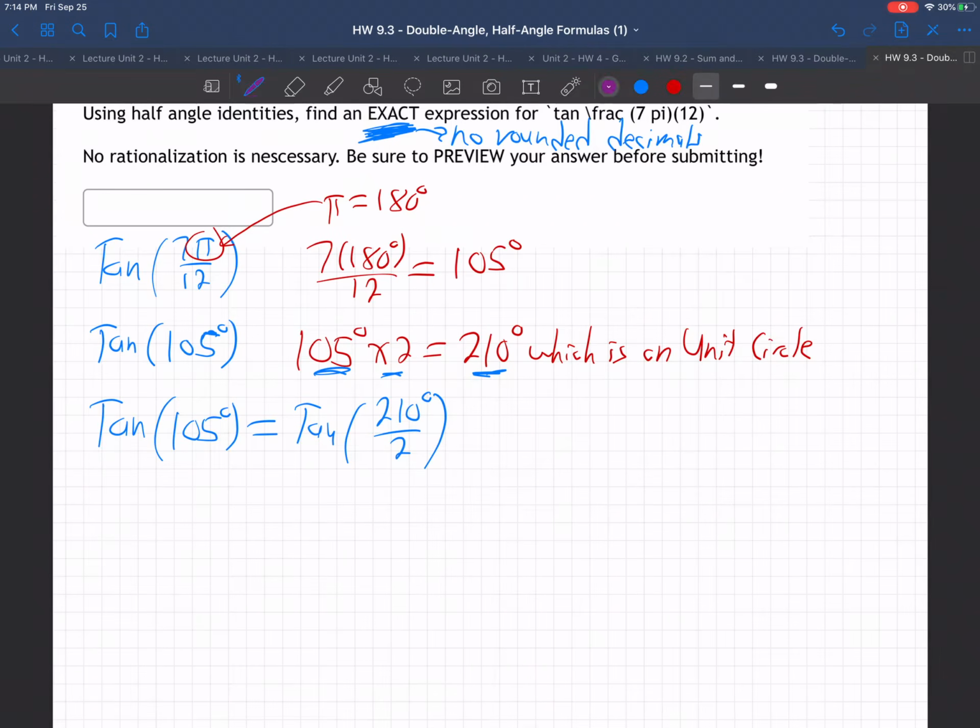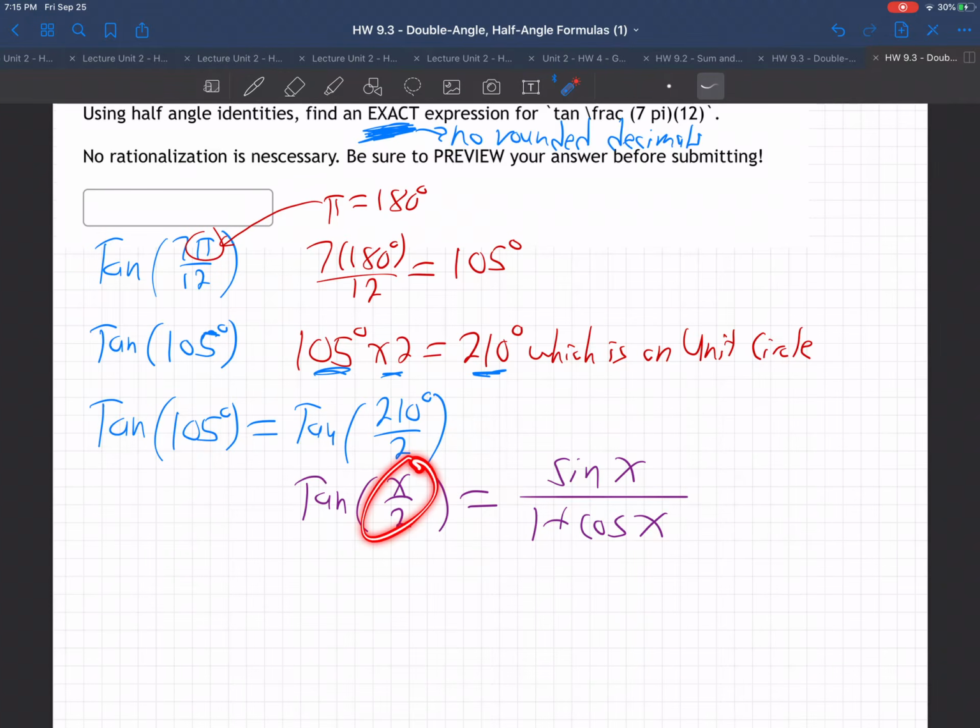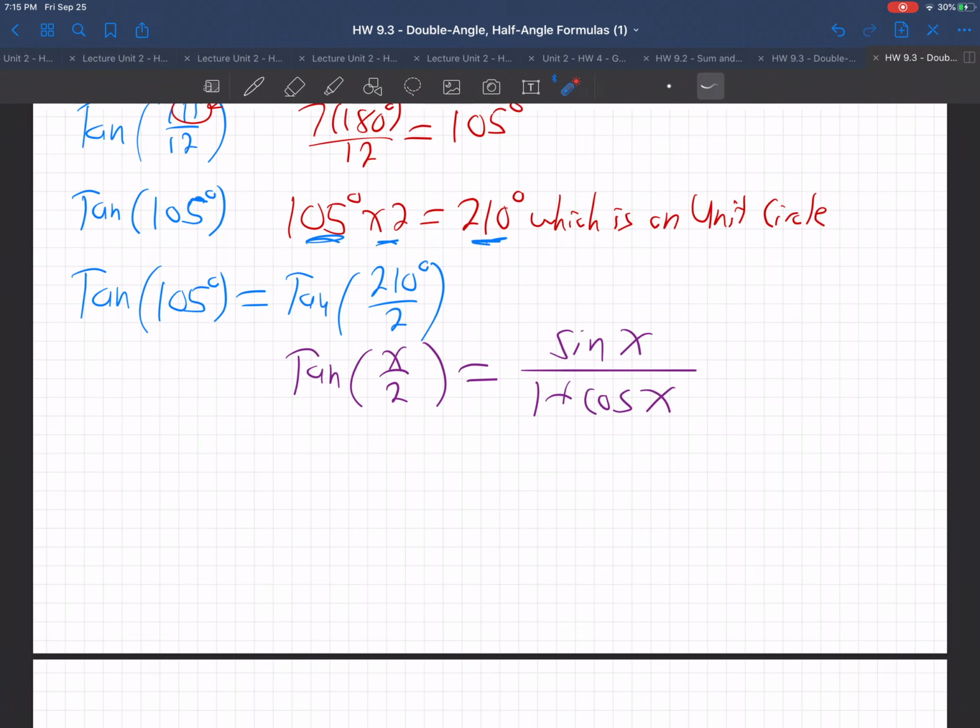So tangent of x over 2 is sine of x over 1 plus cosine of x, right? Half angle here, regular angle there. That's the half angle formula for tangent, okay? So the 210 is the x, isn't it? See how the 210 is what's over 2, like the x is over 2? So that means if the x is 210 here, then the x is 210 there also.